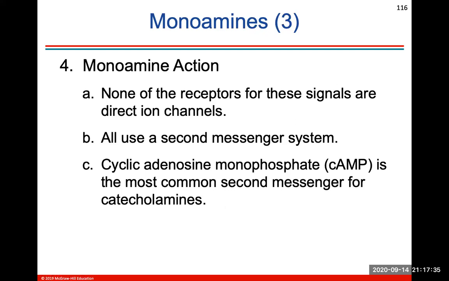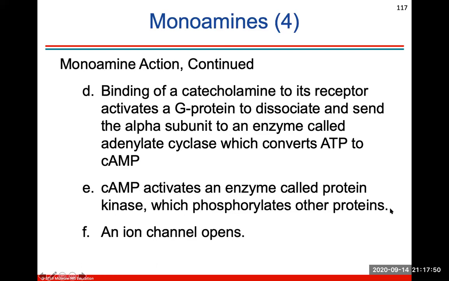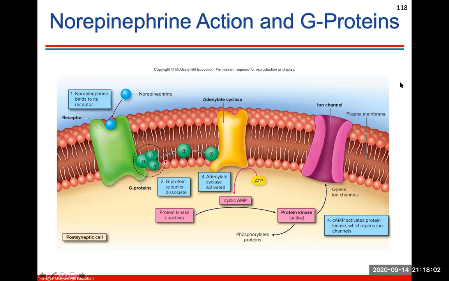Monoamine action, none of them use a direct ion channel. They all use a second messenger system, like cyclic adenosine monophosphate, that cyclic AMP. Remember that second messenger that we talked about in the last chapter. So I'll let you read through how this cyclic AMP helps to activate an enzyme which will phosphorylate other proteins to eventually open a channel that began with this monoamine action.